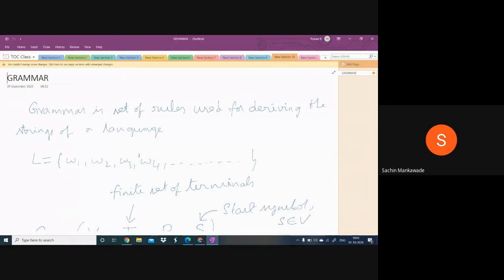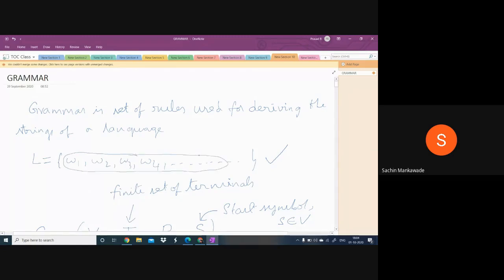Okay. What is grammar? Guys, we used to write languages like L equals some A, B, B, A, something like W1, W2, W3, W4. This language has strings like this, and all these strings are derived from some set of rules.